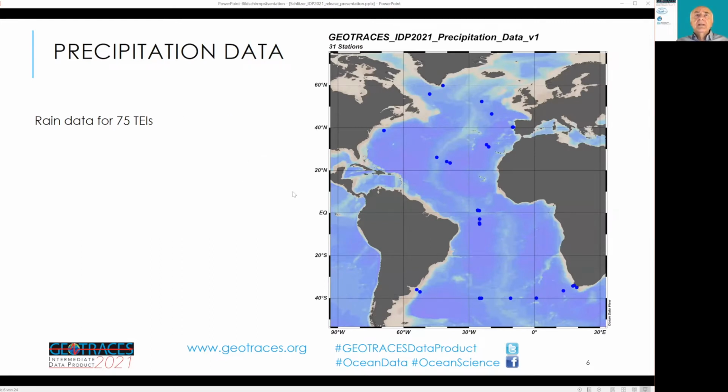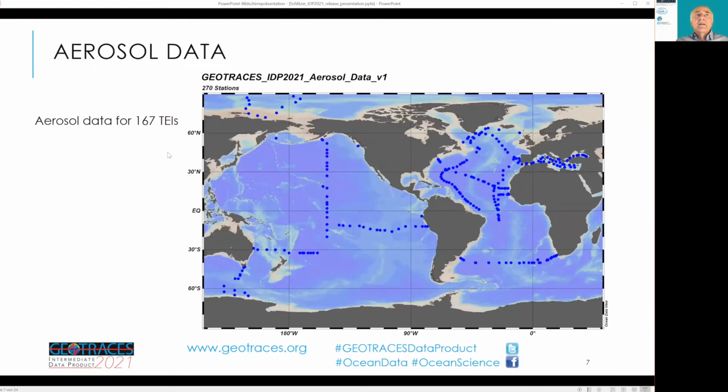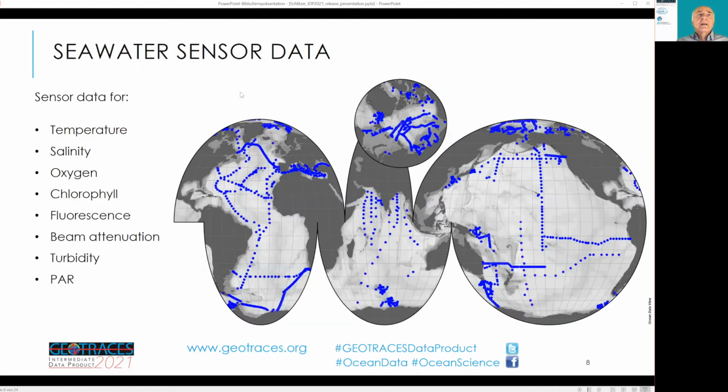Precipitation data for the Atlantic: presently there are only data for rain for 75 TIs. The aerosol data set covers the Pacific, Atlantic, Mediterranean, Black Sea, and also the Arctic. It has data values for 167 TIs in total.